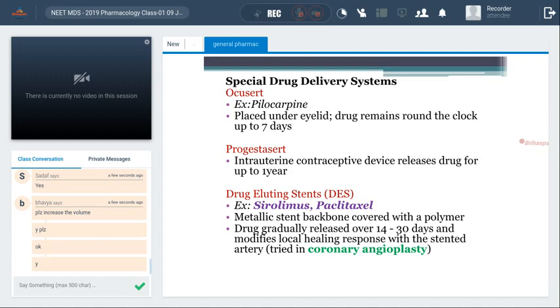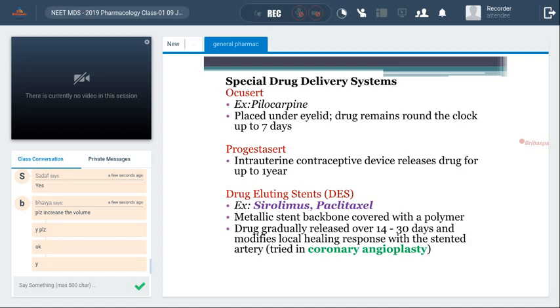So in angioplasty, a bypass will be created, or a stent is placed. It's also coated with a layer of drug so that the drug is slowly released into the circulation and produces its effect. So the stent is placed, and the drug is also given in the form of the stent itself so that it is continuously released.